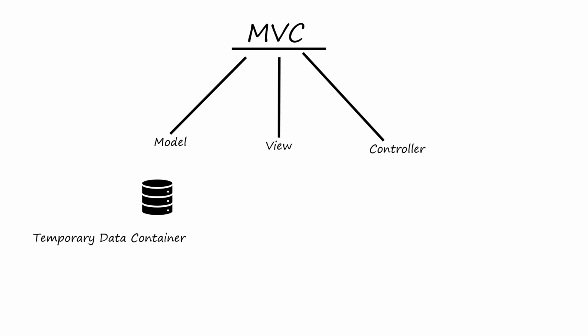Here the model means a temporary data container which remains on the application's end, used for reporting, for showing, or downloading Excel sheets, but it will only be there till the point the application exists.